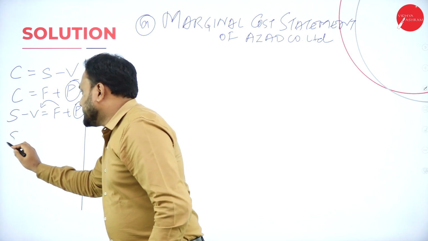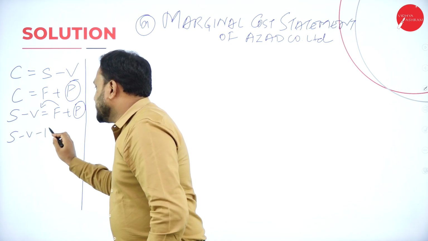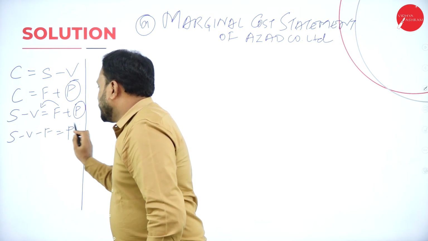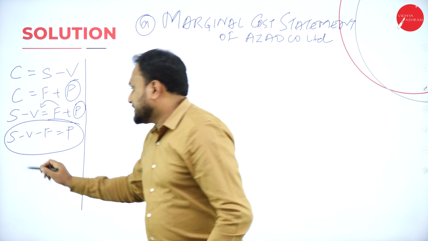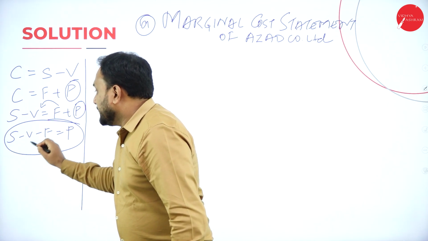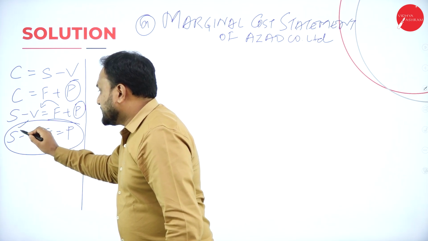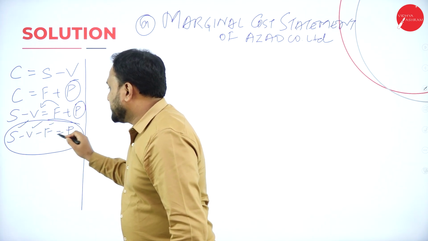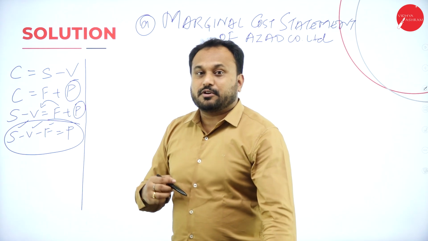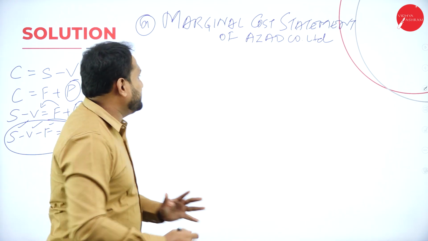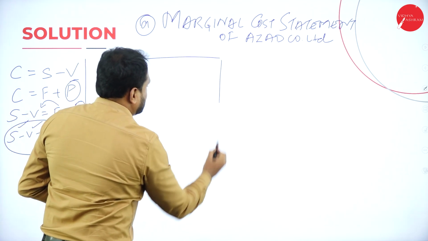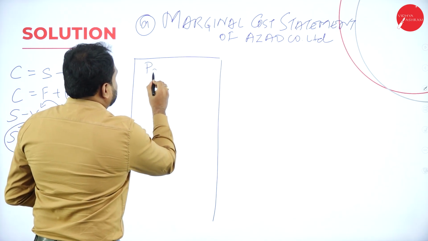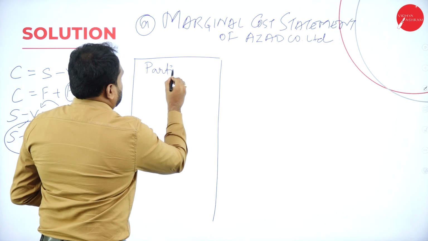So, it is S minus V minus F is equal to P. Now, this is my marginal cost statement proforma. First I'll go with sales, then variable, minus fixed is equal to profit. So my proforma goes like this. The format is very simple. Marginal cost statement. I'll draw like this. Now this is where the first one is particulars.